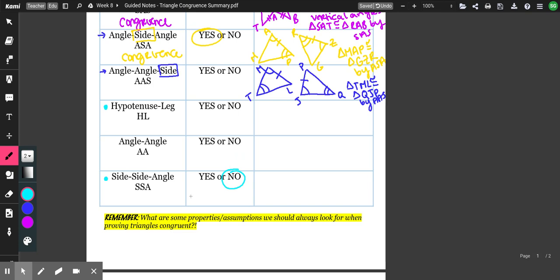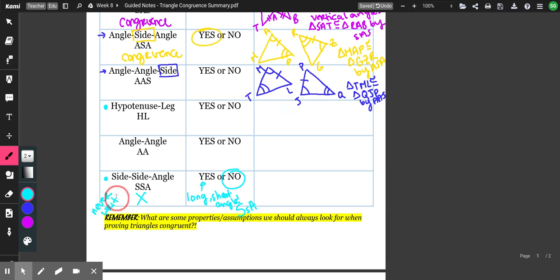It can if it's big side, little side, and then the angle. But we said we would never write this.